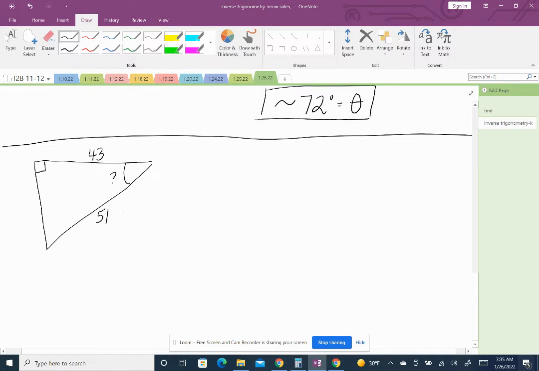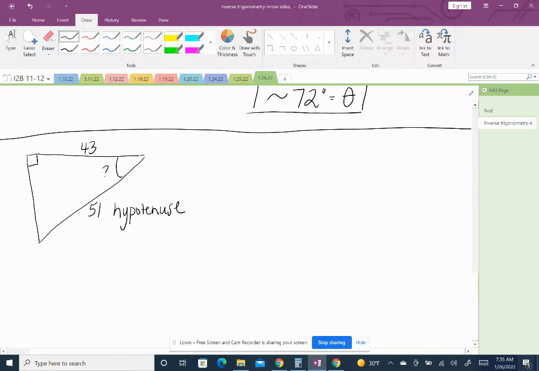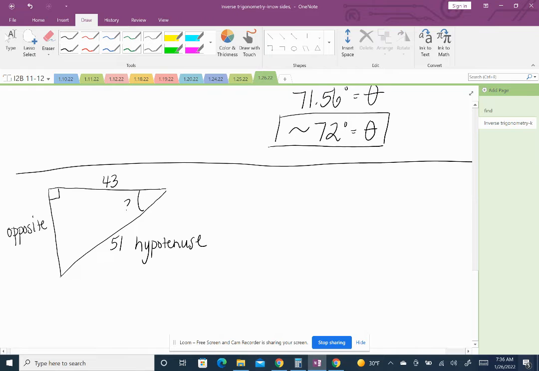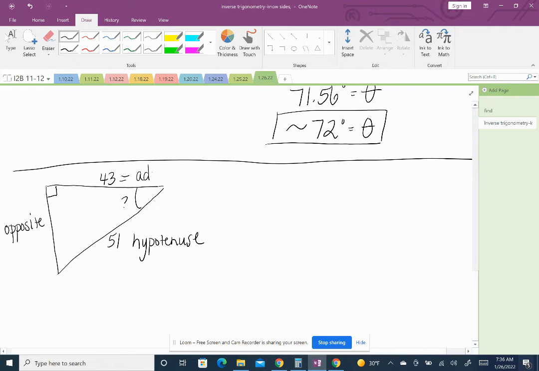That's going to be my hypotenuse. If I drew a line out from the angle, that's going to be my opposite. And if I know that this line here and this line here, my hypotenuse, create my angle, I know that this is going to have to be my adjacent.